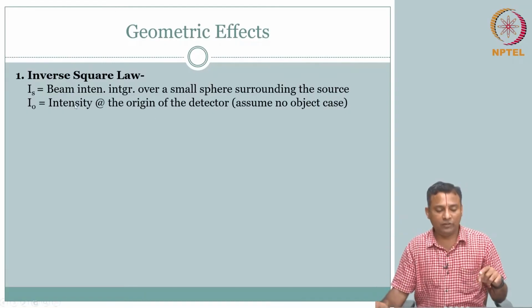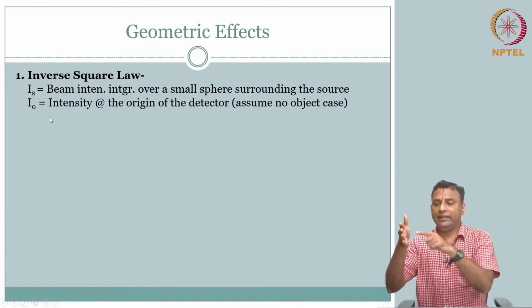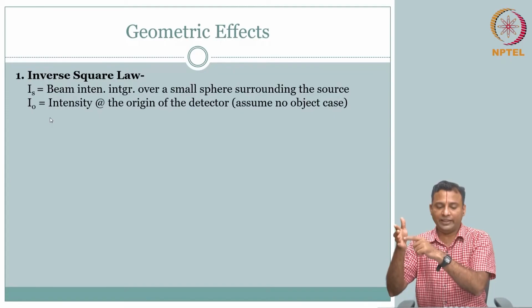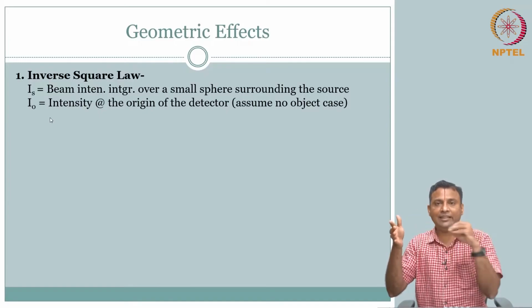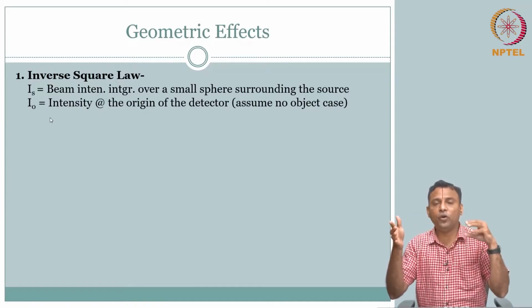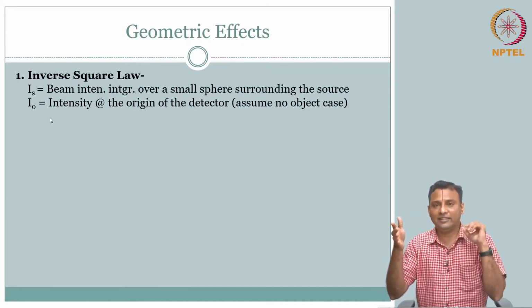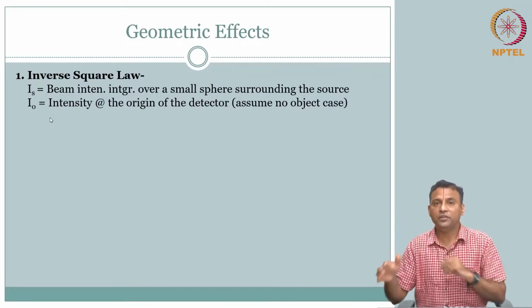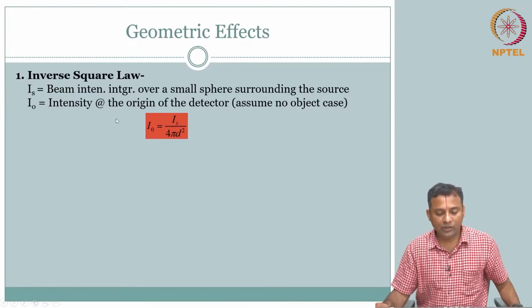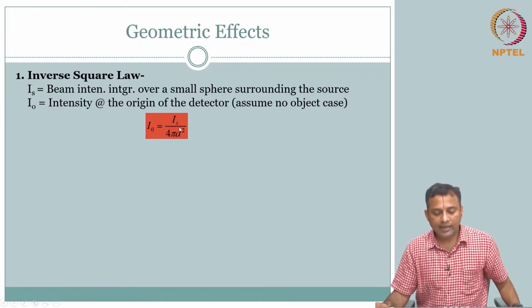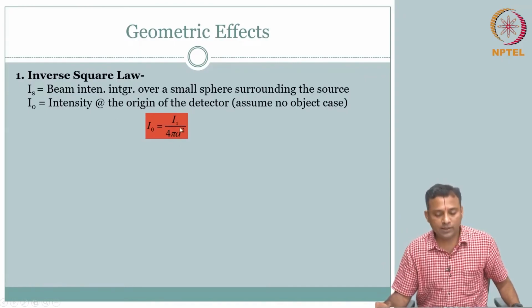So your I naught, the intensity at the origin of the detector plane, because this is diverging and the intensities go down as the square of the distance, is I0 = IS by 4 pi d square. What is this d?